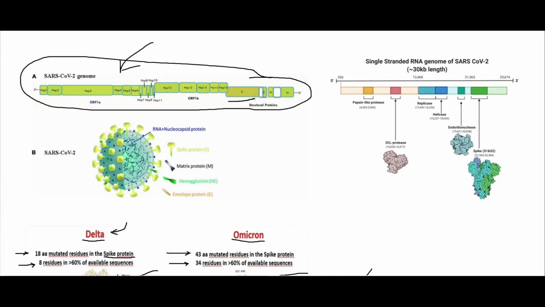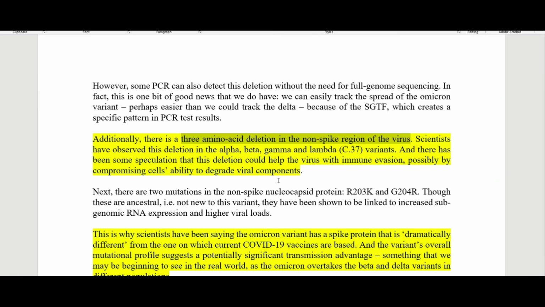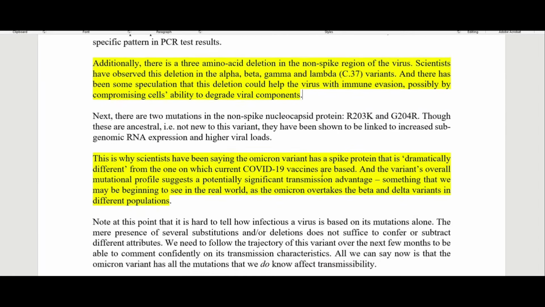So this right here is the spike protein, and we can actually see it over on this one as well. But it's saying that it is happening on a non-spike protein, and that this helps the virus with immune evasion, because it makes it so that the cell can't degrade those viral components as efficiently.